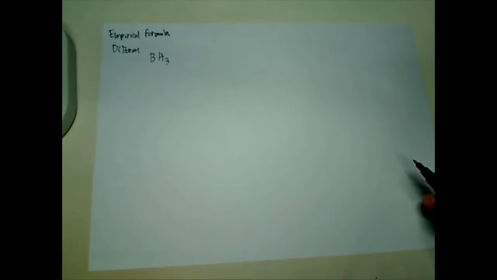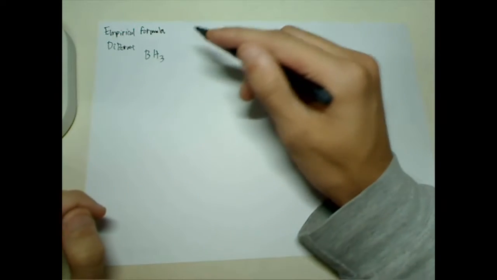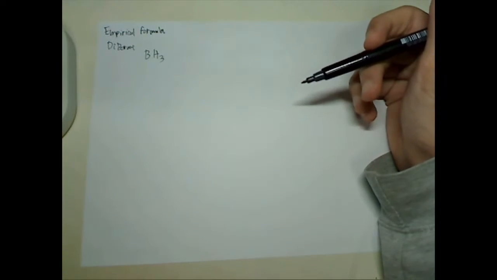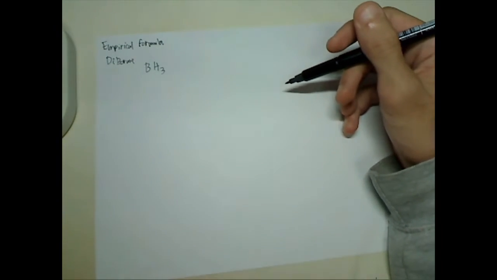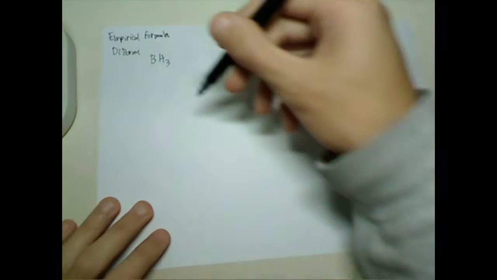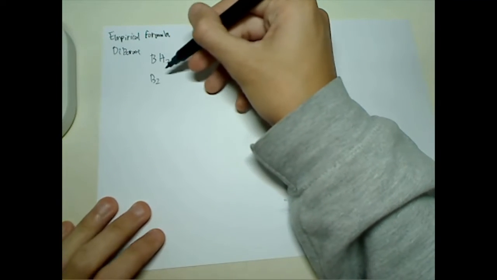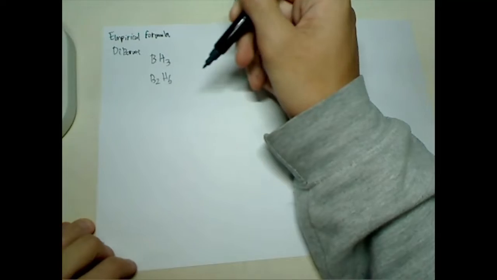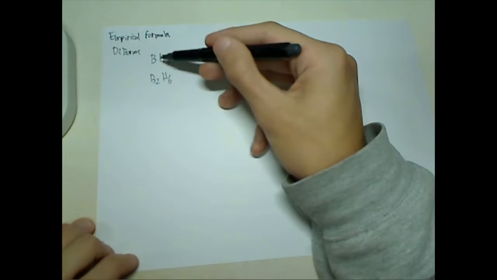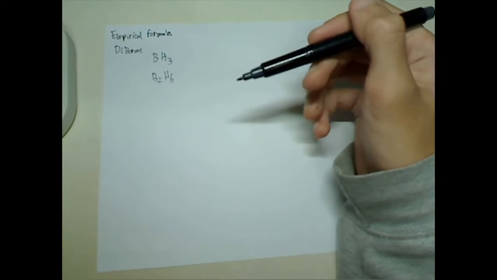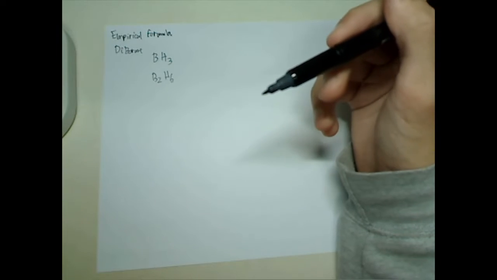The only difference between molecular and empirical formulas is that empirical formulas don't show the exact number of atoms of each element. So although it says BH3, it doesn't mean there's one boron atom and 3 hydrogen atoms. In reality, there are actually 2 boron atoms and 6 hydrogen atoms. The only reason we write it like this is because we simplify it to the nearest whole number ratio.